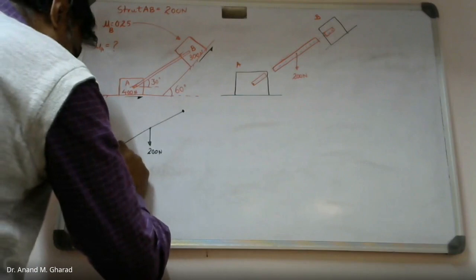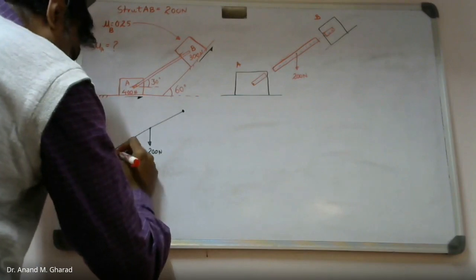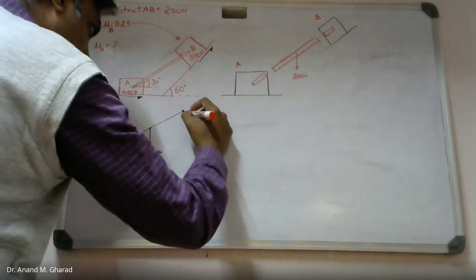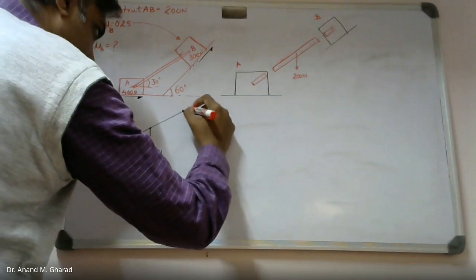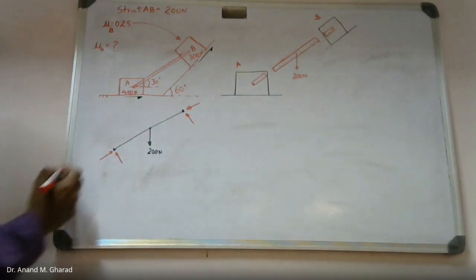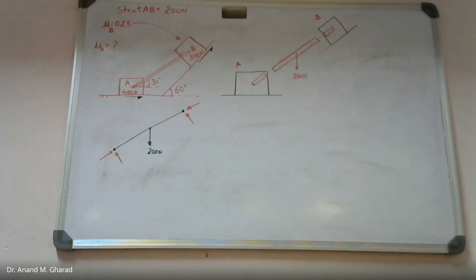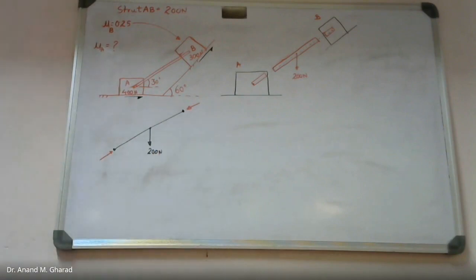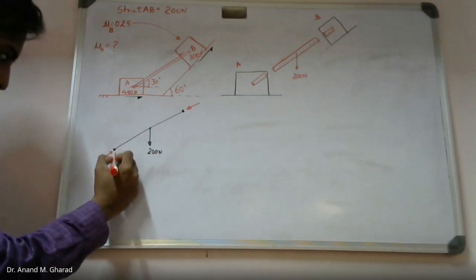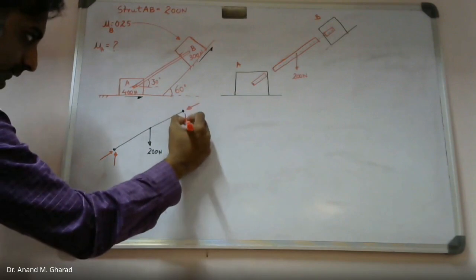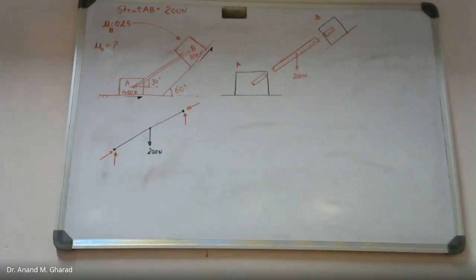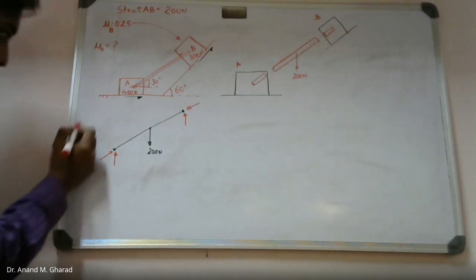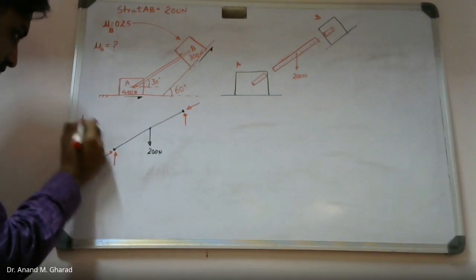So let me assume the direction of reaction forces on this bar to be like this. Tick. And I will consider the XY axis to be like this.